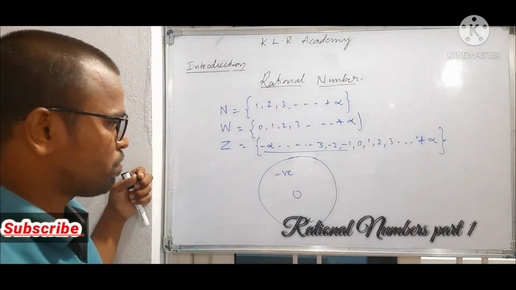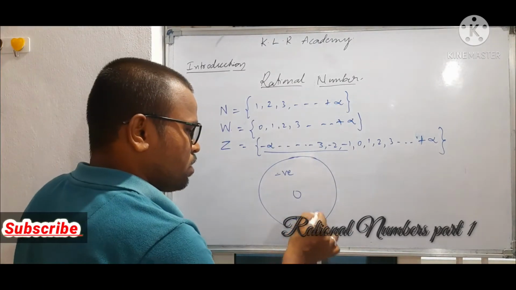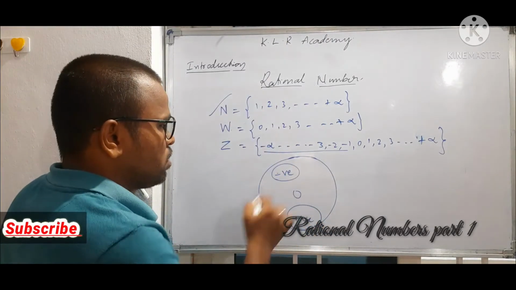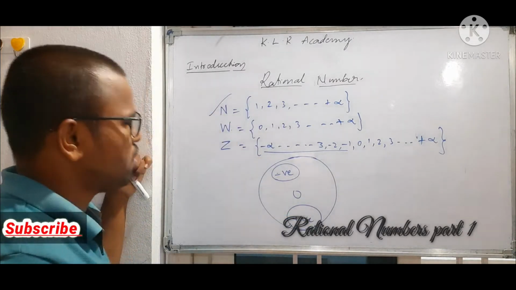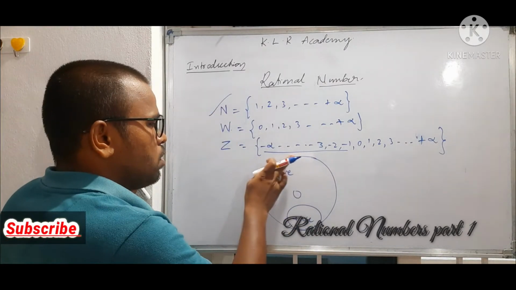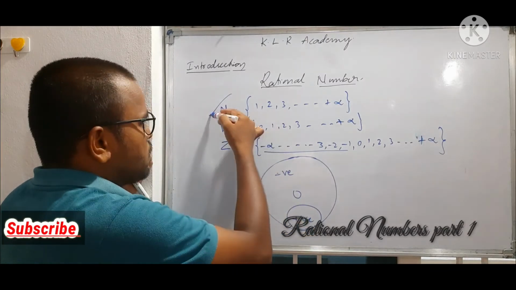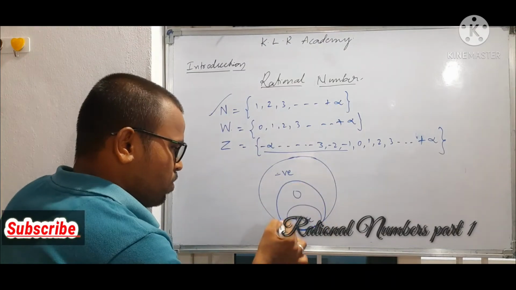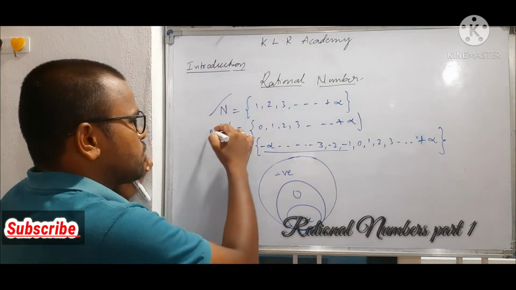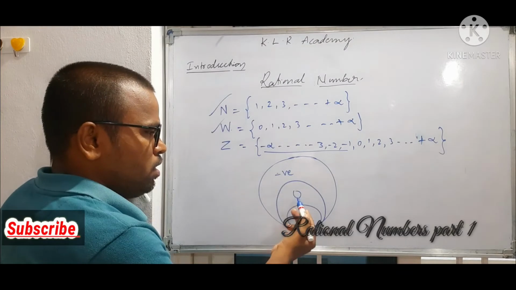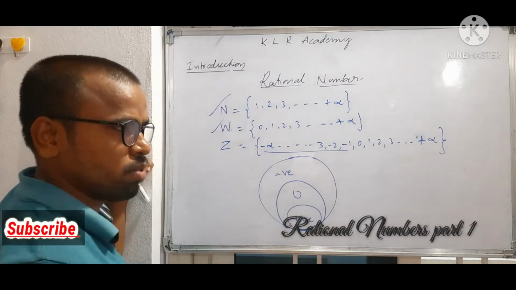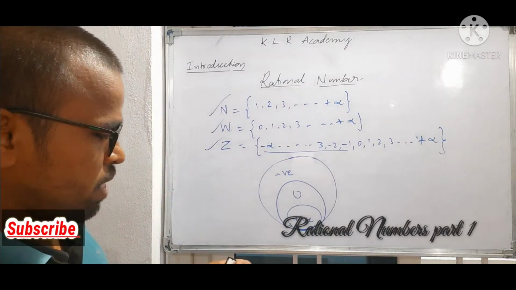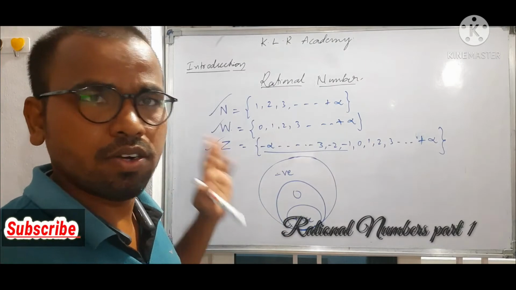All positive integers can be considered as natural numbers, and 0 with positive integers together are considered as whole numbers, and negative numbers, 0 and positive numbers all together are considered as the integers. This is the basic knowledge that is required for doing this chapter.